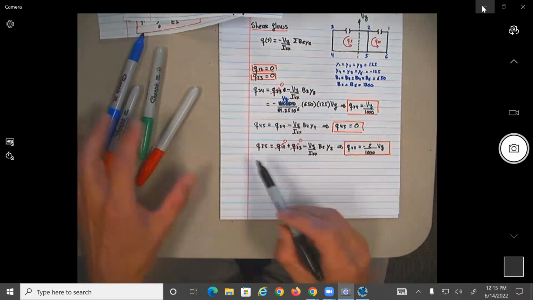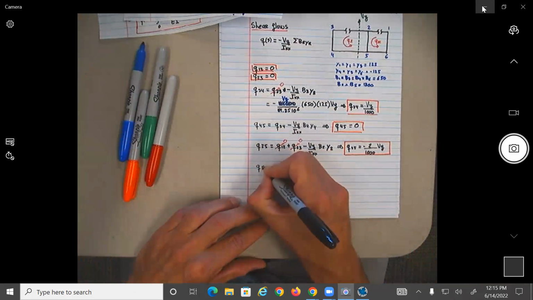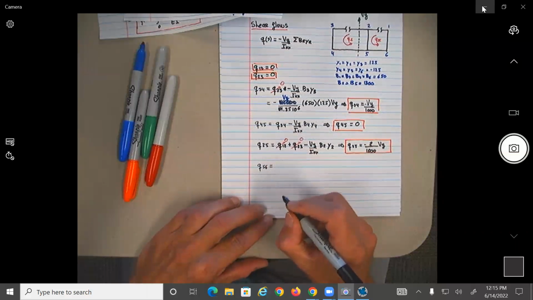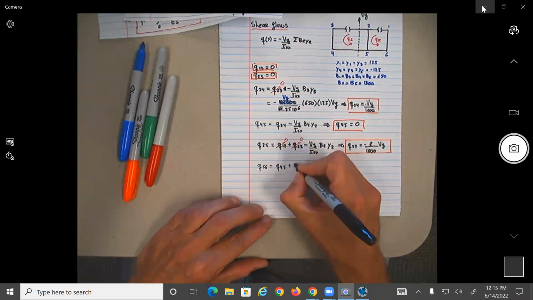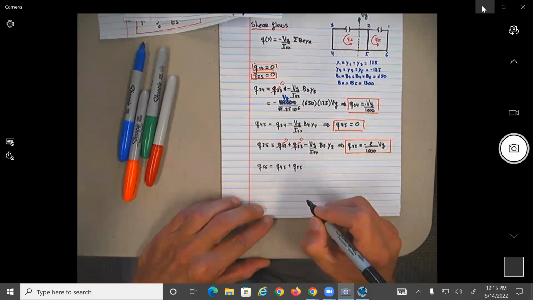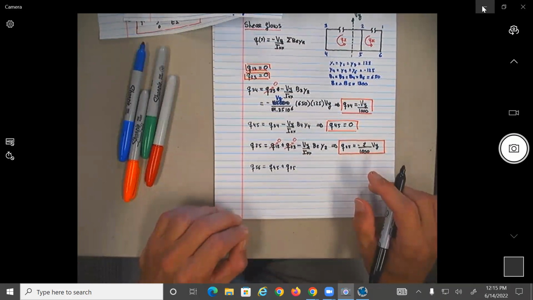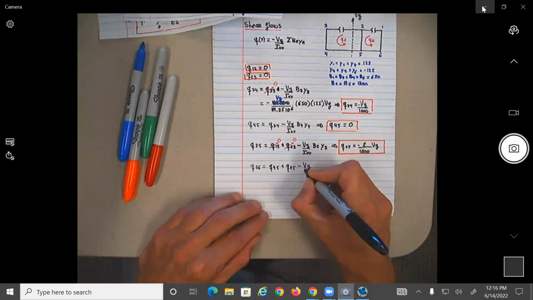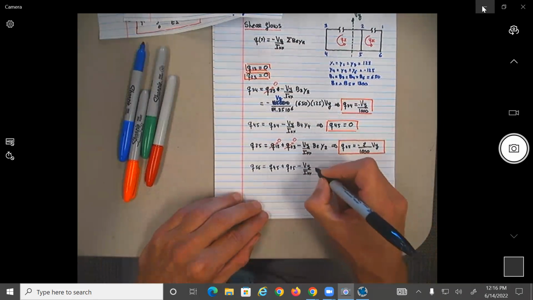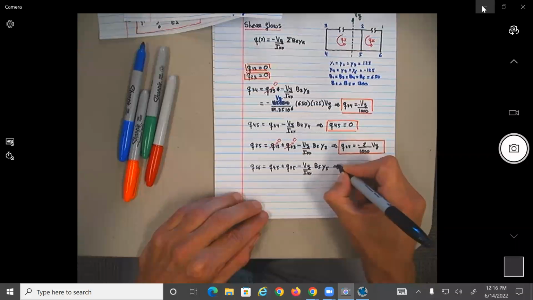All right, now that we have Q25, we can go to Q56. So Q56 is going to be equal to what? Q45 plus Q25 minus Vy over Ixx B5 Y5.